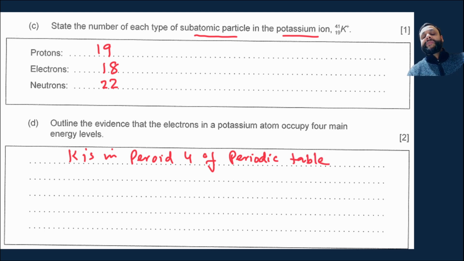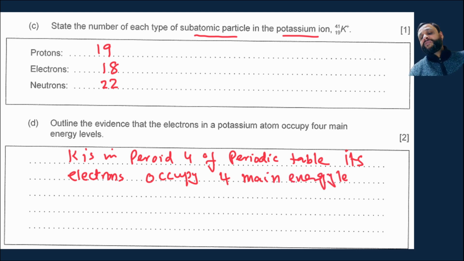That suggests that potassium's electrons occupy 4 main energy levels. So hopefully that will give us 1 mark.